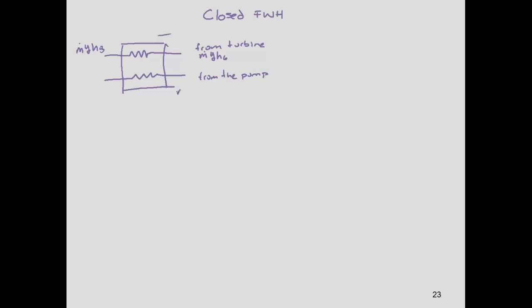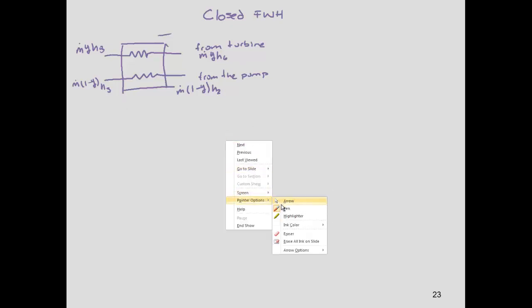So it has the mass flow rate, the remaining fraction, times H2, and at the end we have mass flow times H3.